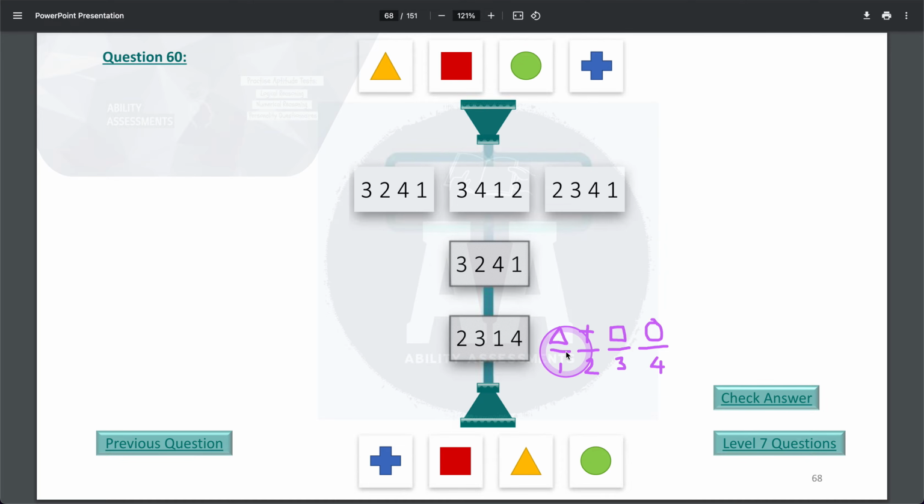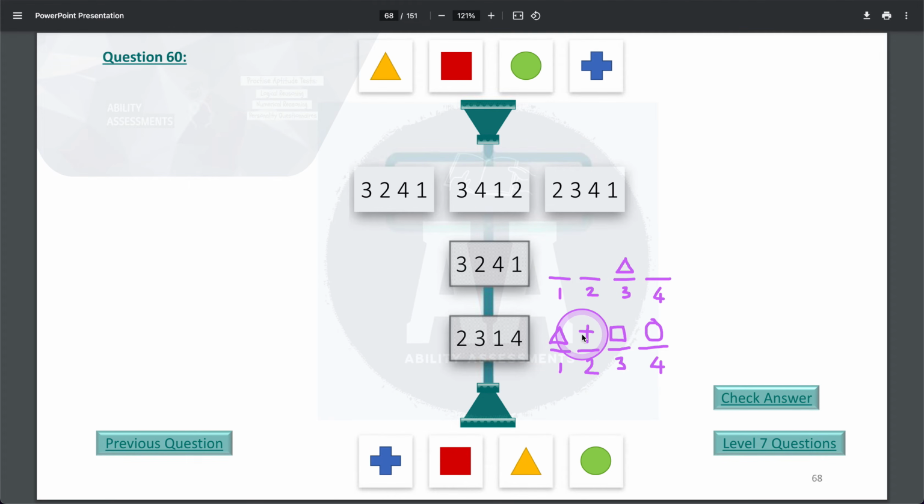Now we need to do the same thing with this operation. So again, let's put our four empty places just to make it easier: 1, 2, 3, 4. The first shape, the triangle, should be in position number 3, so you put the triangle in position number 3.